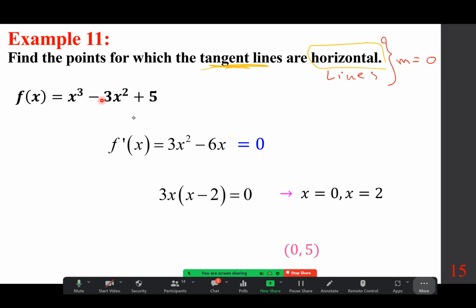So you plug in 0, you get 5 into the original function. You plug in 2 into the original function, you get 1. Therefore, this function has tangent lines that are horizontal at the pair 0, 5 and at the pair 2, 1. So I hope everybody's okay with this.